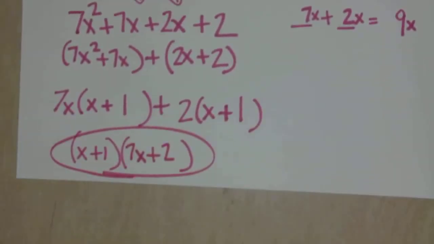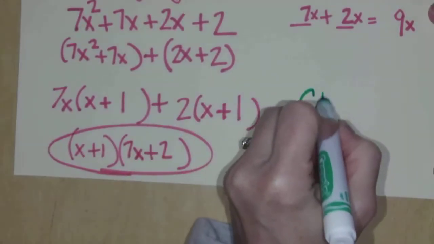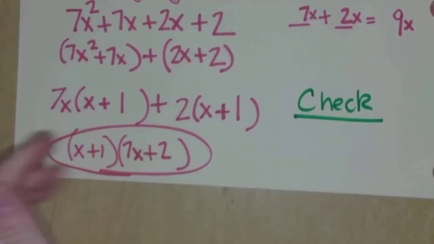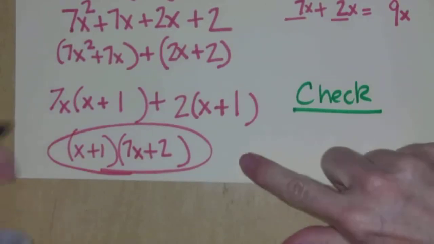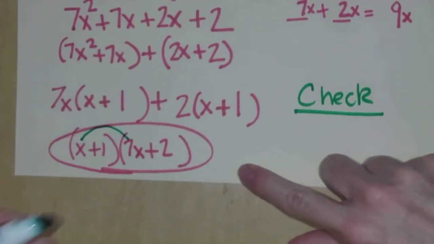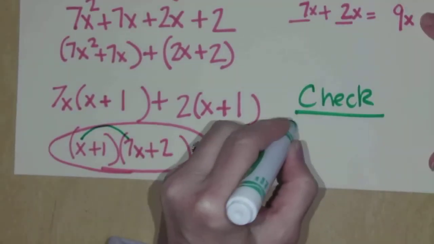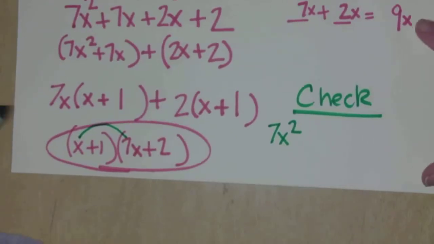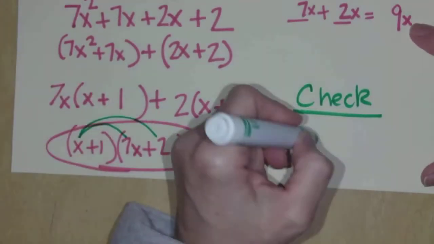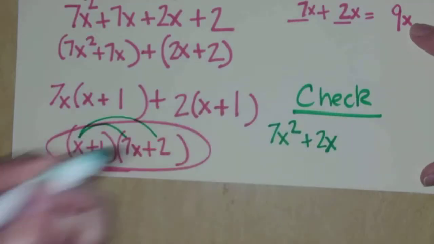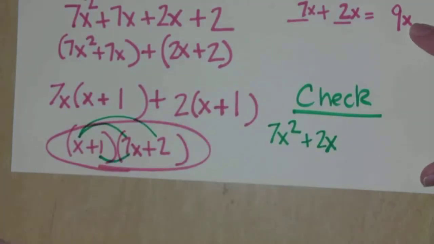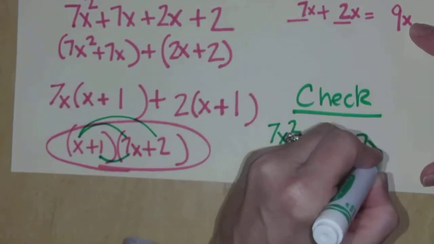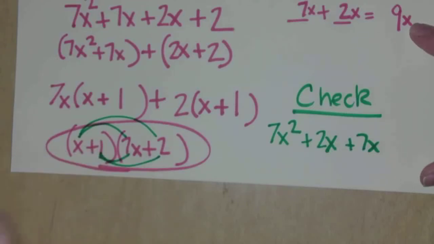Now we can always check it. You know this. We can always check it by multiplication. So let's run a quick check like we always do. We'll take x times 7x, which is 7x squared. Then we will take x times 2, positive 2x. 1 times 7x, 7x. 1 times 2, 2.